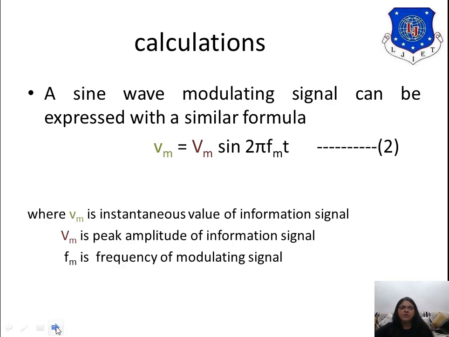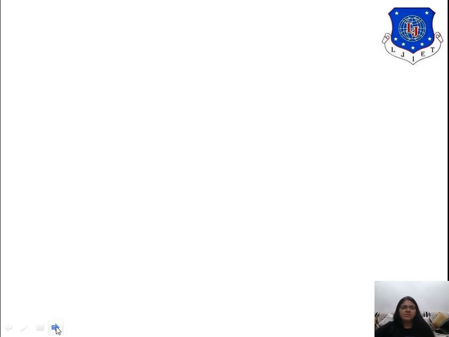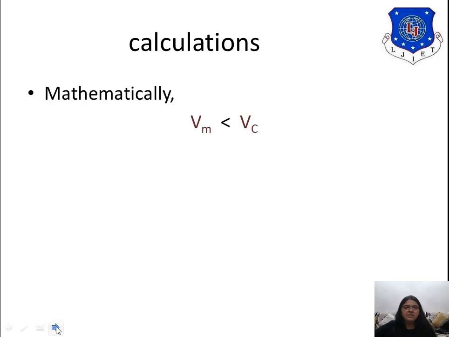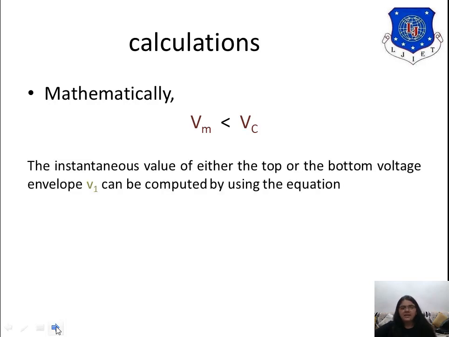So what is the V1 value? V1 value is the Vc value. As I said, the carrier amplitude is constant, plus on that the envelope, the Vm value is added. So it is Vc plus Vm sine omega mt, where omega is equal to 2 pi f.